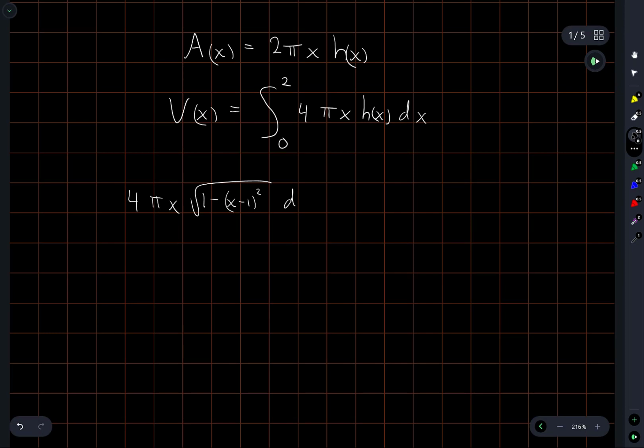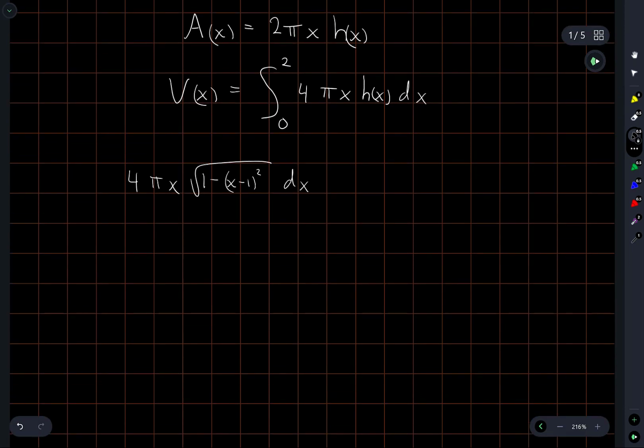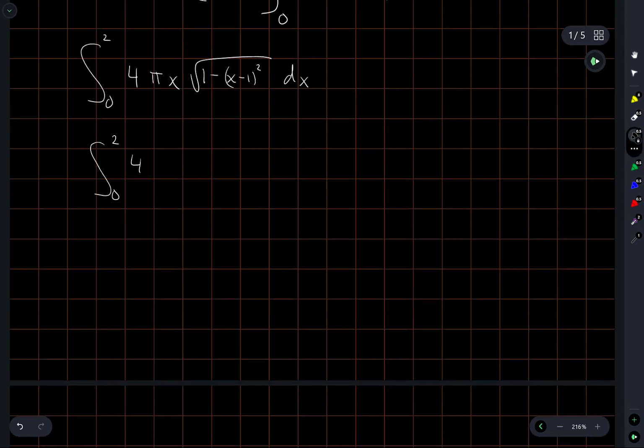Maybe this can be done, because I see if I'm going to expand what's under the square root here, I'll end up with an x squared. And so a substitution might work, but there's also going to be an x. Let's see what happens when I expand this.